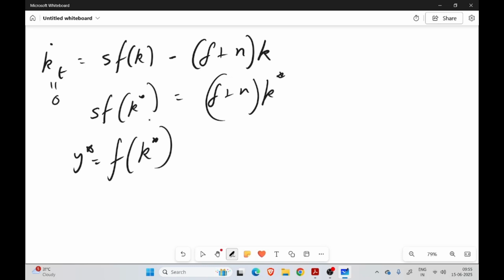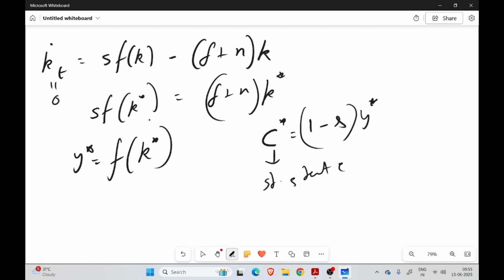And when we put this into C equal to (1 minus s) times Y star, this gives us the steady state level of consumption, and this does not change over time.